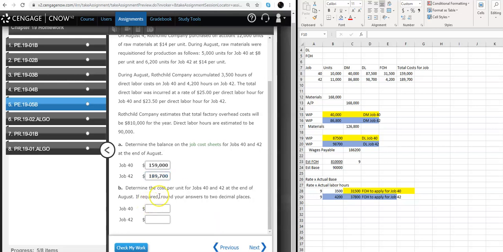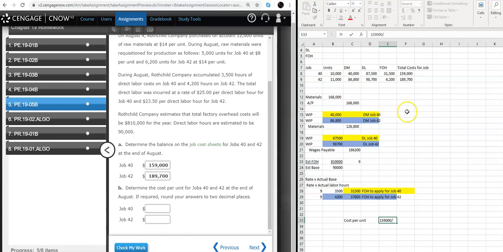It says determine the cost per unit for jobs 40 and 42 at the end. If required, round your answers to two decimal places. All right, if you need to know a cost per unit, remember the word per means to divide. So you're saying cost per unit. Well, for job 40, your total cost was 159,000.